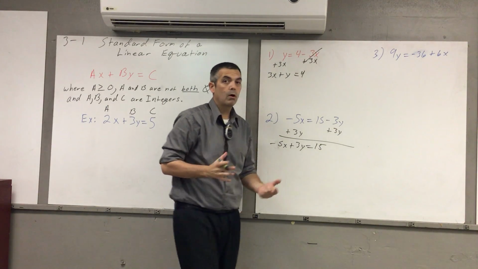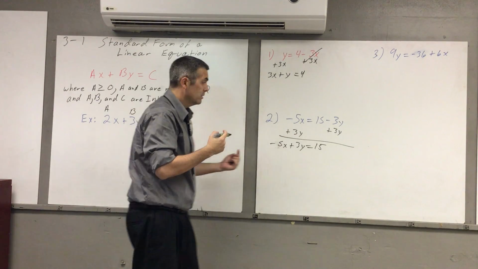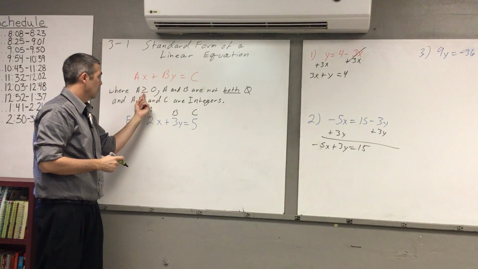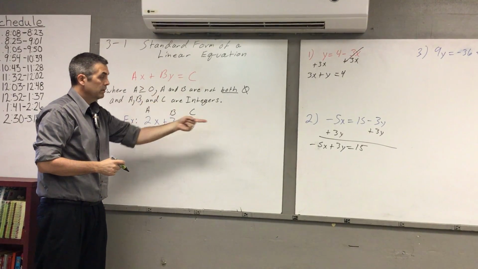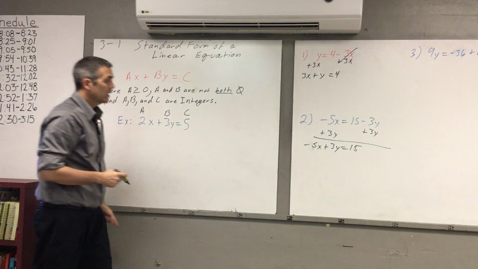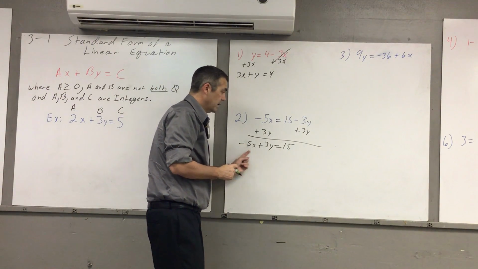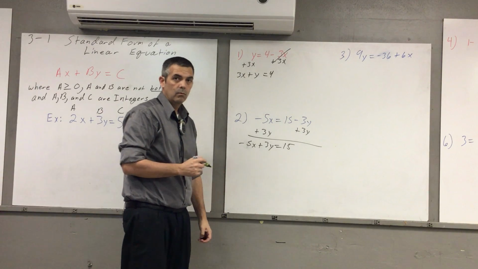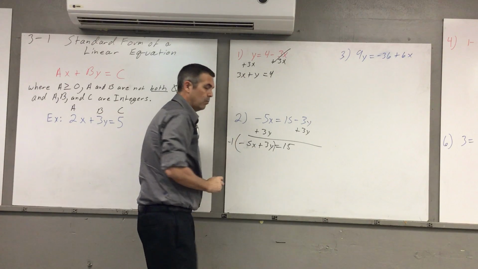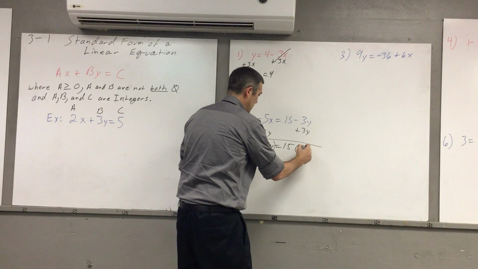Okay, now we have a problem here. We got a negative 5. But over here in our definition, a is greater than or equal to 0. Well, negative 5 is not greater than 0. So we've got to get this where it's positive. So we're going to multiply through by a negative 1.